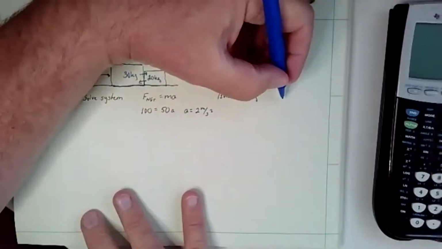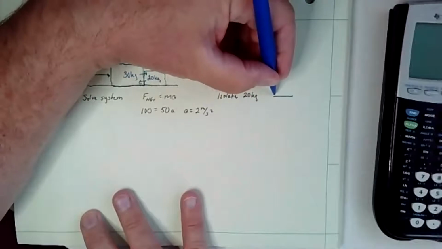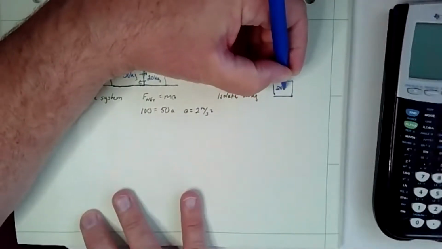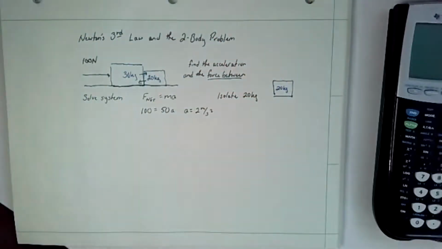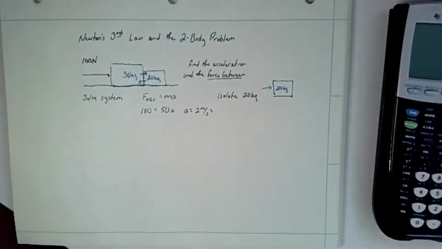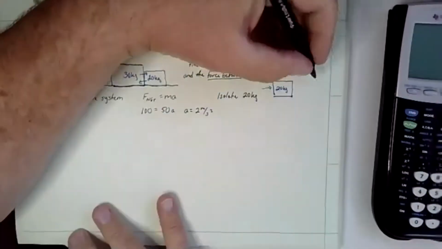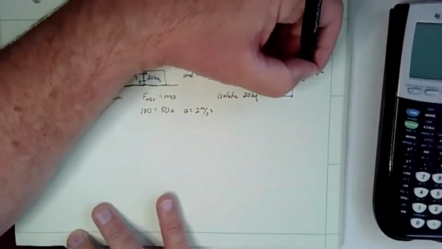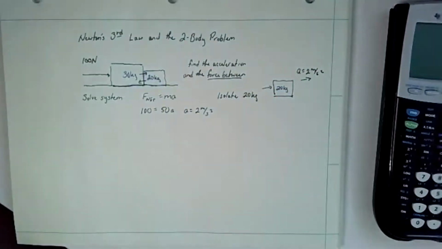Oh, I did need that, sorry. And that's being accelerated by this internal force, but we actually know that the acceleration is equal to 2 meters per second squared, which we did know at the start.